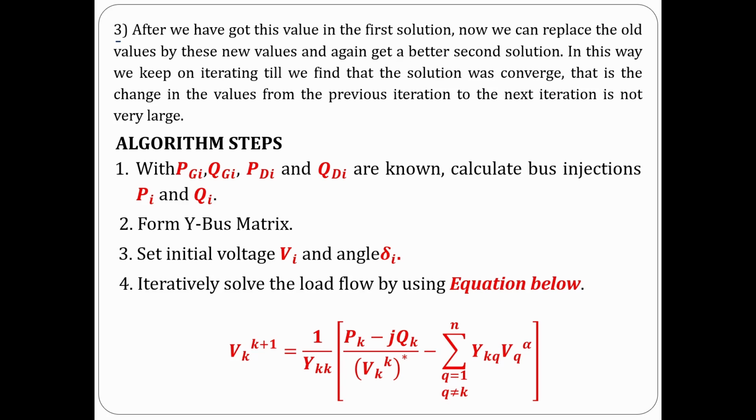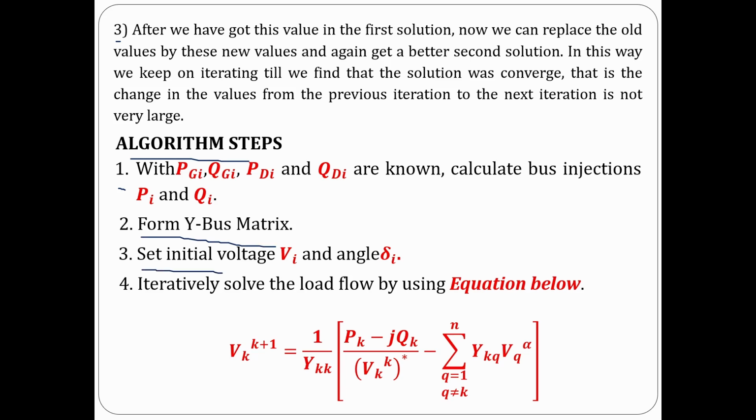Number 1, with PGi, QGi, PDi, and QDi known, calculate bus injections Pi and Qi. Number 2, form the Y-bus matrix. Number 3, set initial voltage Vi and angle delta i.